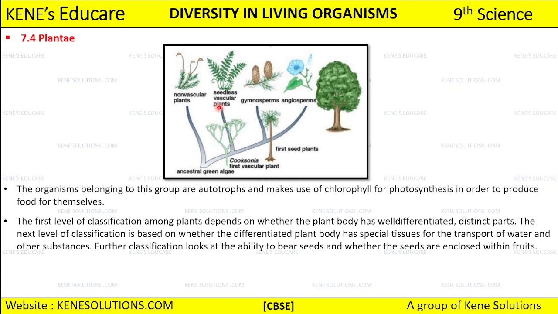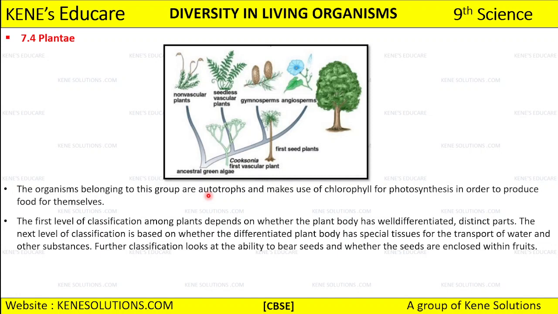Now we are going to discuss the five different divisions of kingdom Plantae. The organisms belonging to this group are autotrophs. What are they? All the organisms that come under kingdom Plantae are going to be autotrophs. Why autotrophs? Because all plants make their own food through the process of photosynthesis. Why are plants able to make their own food?